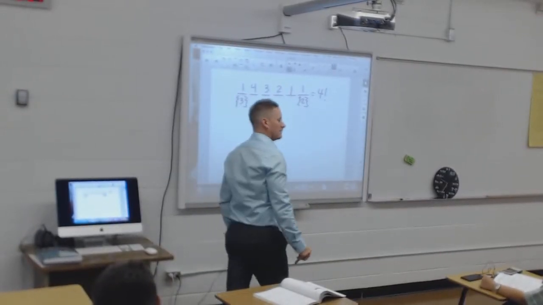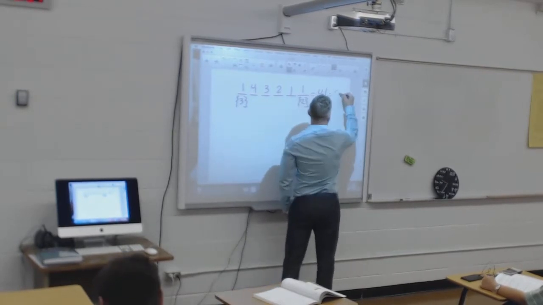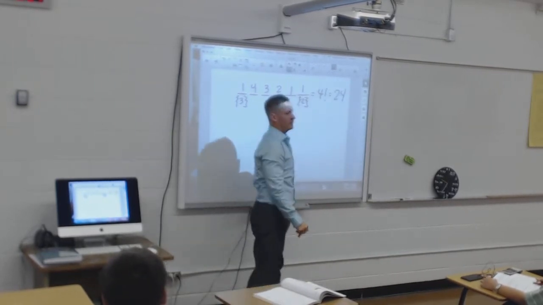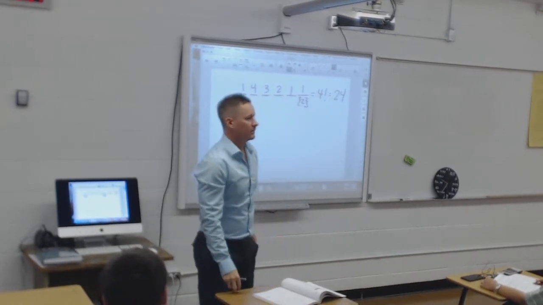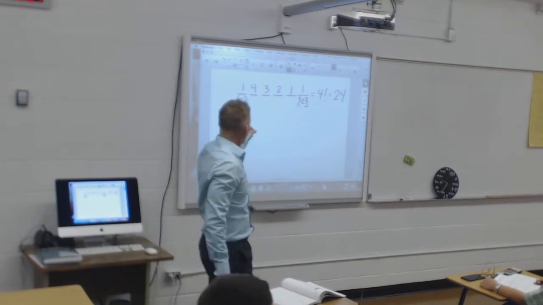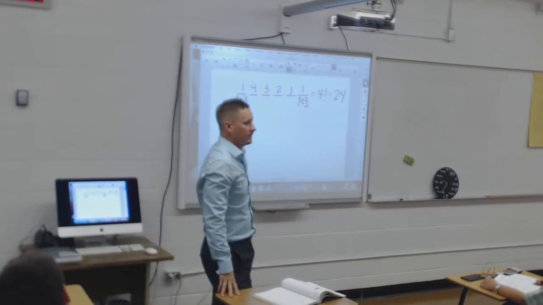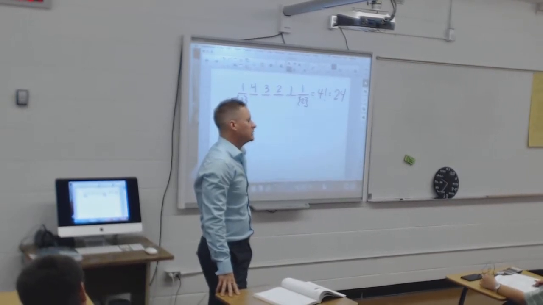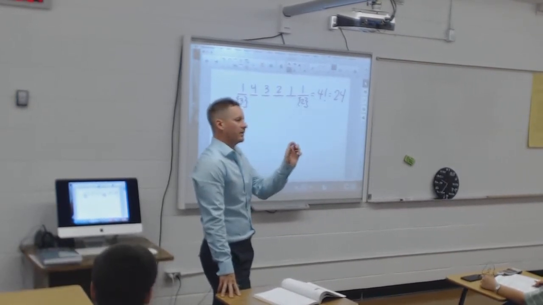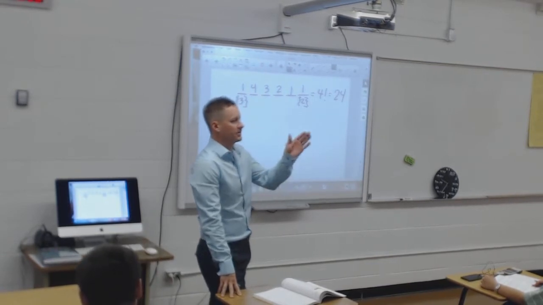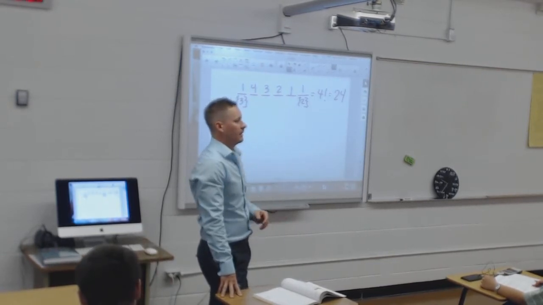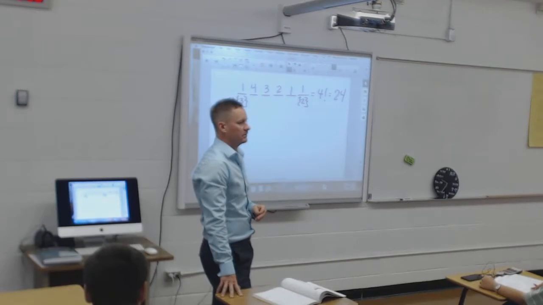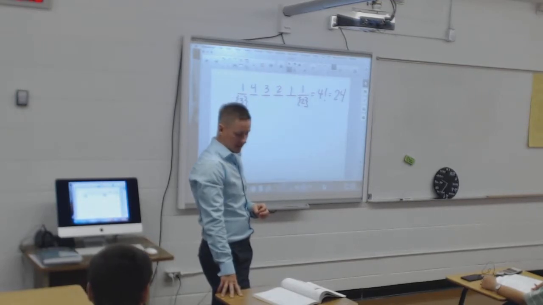Or you multiplied it out, 24. Why is it 4 times 3 times 2 times 1 is 4 factorial. So you can write them out as factorials instead of writing out 4 times 3 times 2 times 1. All right? You can write it as 4 factorial. Okay?